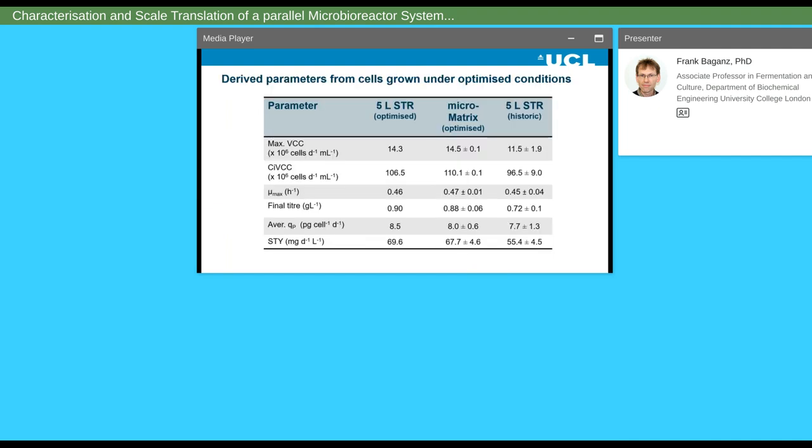These results are confirmed by the comparison of the derived parameters that were almost identical between the micromatrix and the 5-liter stir tank reactor under optimized conditions, whereas the values for the original feeding regime showed a substantially reduced productivity, as shown in this table. The final titer and space-time yield of the optimized feeding protocol was about 20% higher compared to the original protocol and very close to the predicted optimum.